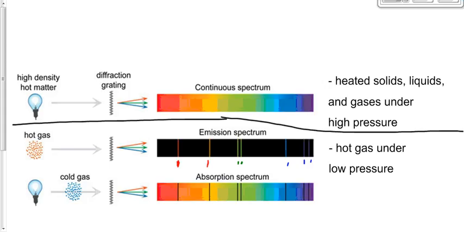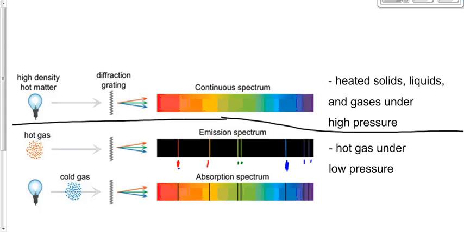So this red line here happened because an electron made a transition from the third level to the first level, or whatever the case may be, and emitted a specific photon. Okay, this blue one over here happened as a result of a specific transition in a specific element releasing or emitting a specific photon.